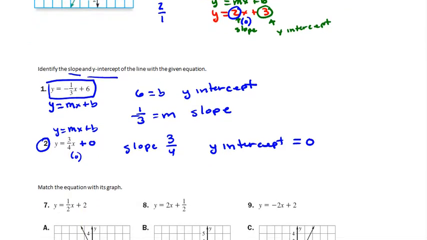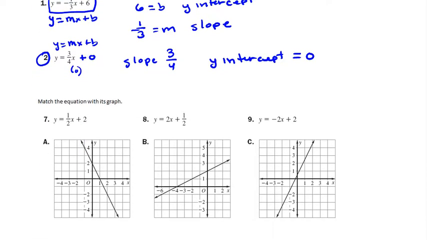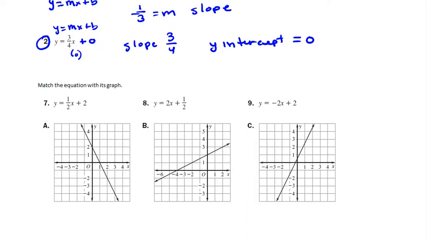Let's take this a little bit further and match our equations with our graphs here. Let's start with the first one here. Y equals mx plus b. I know that my y-intercept for this particular equation is 2. So I want to look on my graphs to see where the line crosses the y-axis at 2.